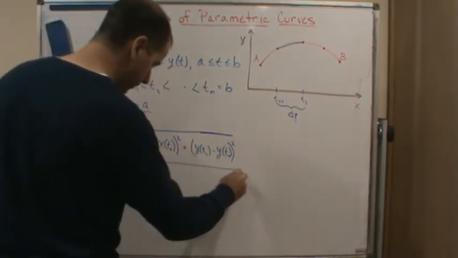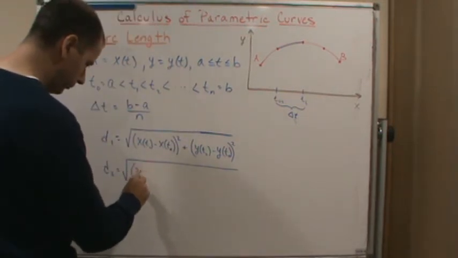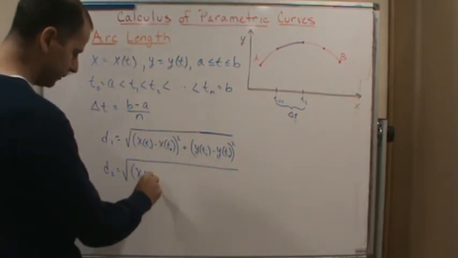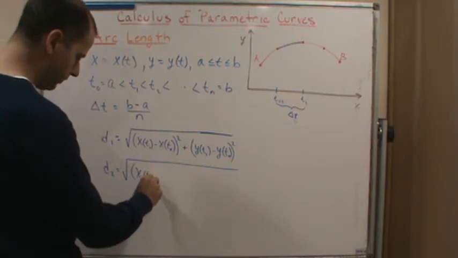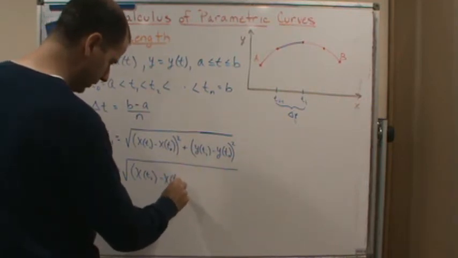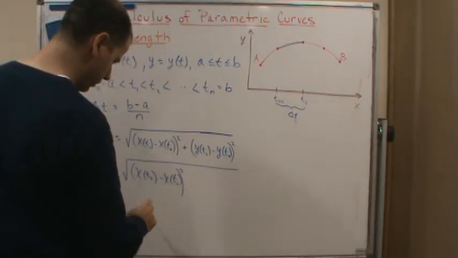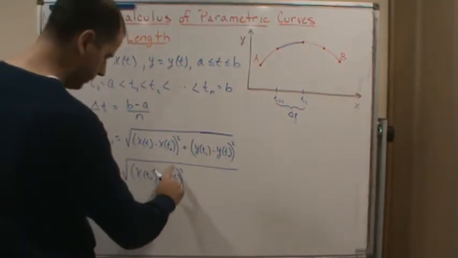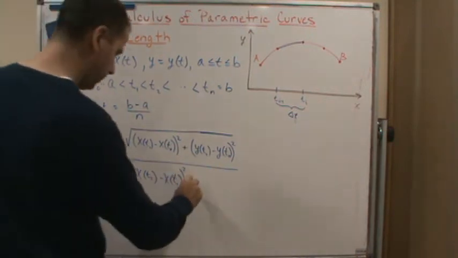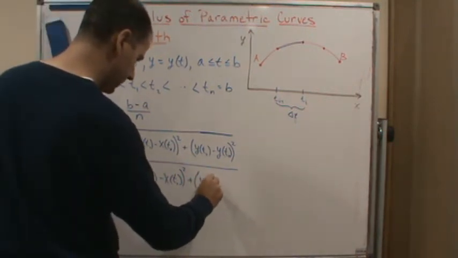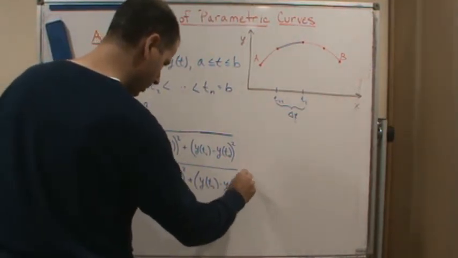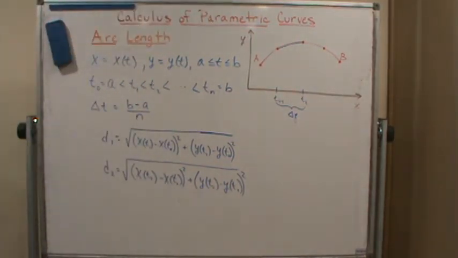In this case it would be the same thing, but it's going to go from x of t2 minus x of t sub 1, squared, plus y of t2 minus y of t1, quantity squared. And that gives us the distance of the second line segment.